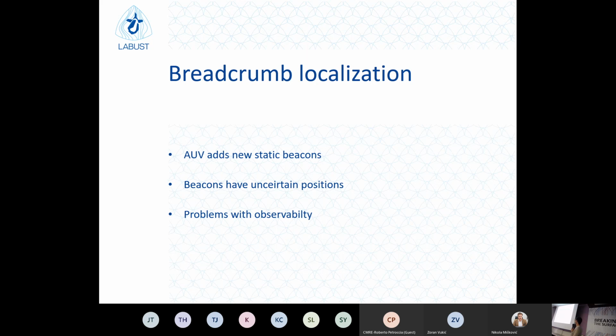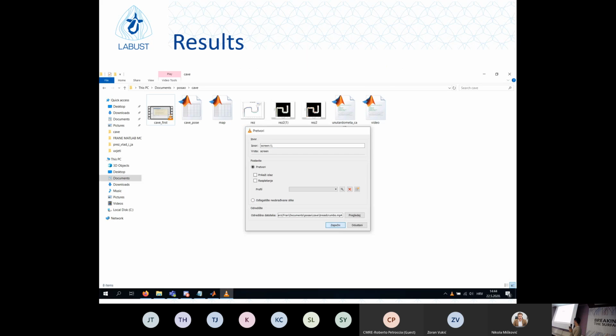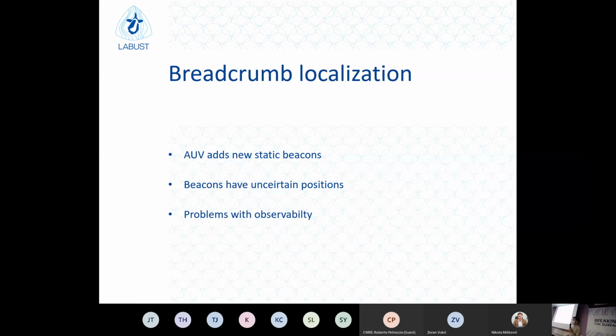So this kind of approach will result in problems with observability even higher than before. Because on the trajectory itself, the observability is the lowest until it turns. And then the angle changes and we get problems.